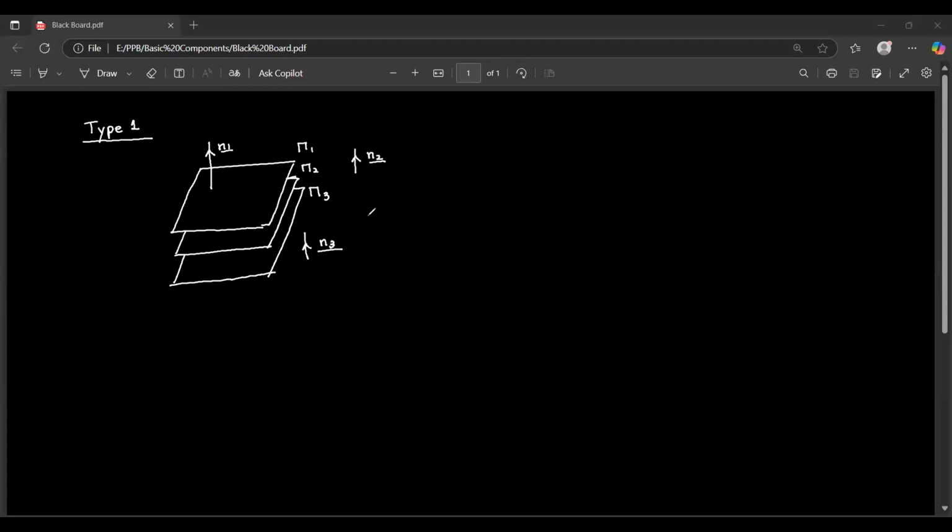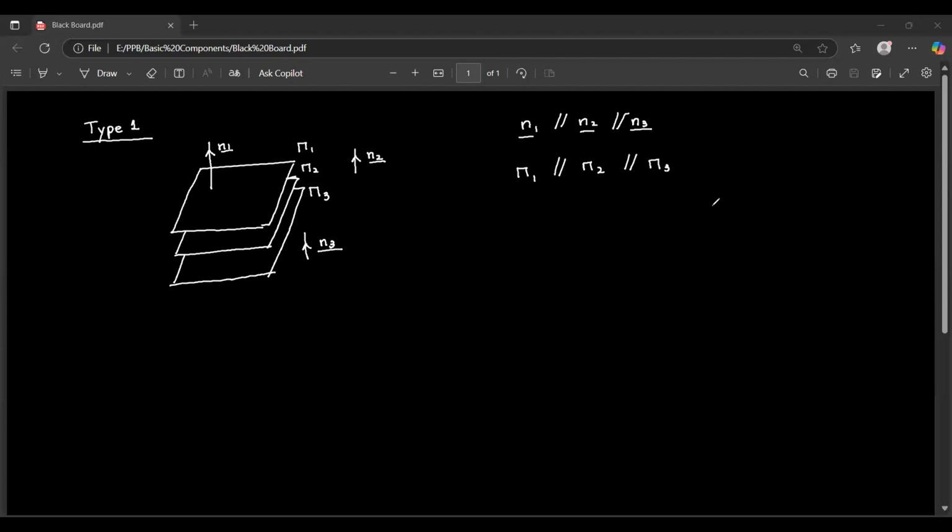If n1 is parallel to n2 and parallel to n3, we can say that pi 1 is parallel to pi 2 is parallel to pi 3.